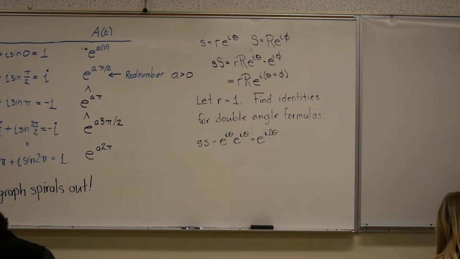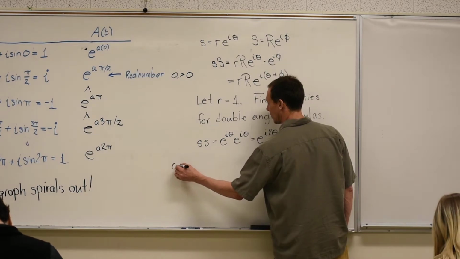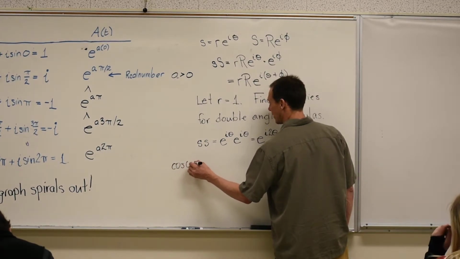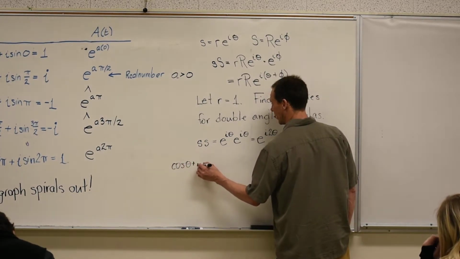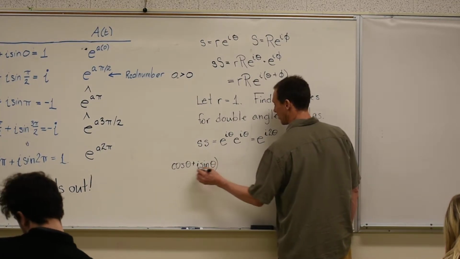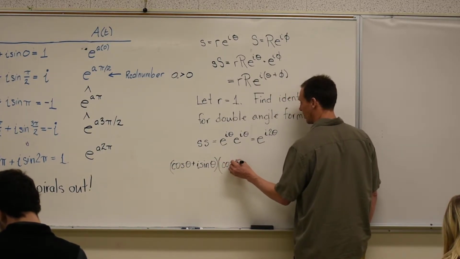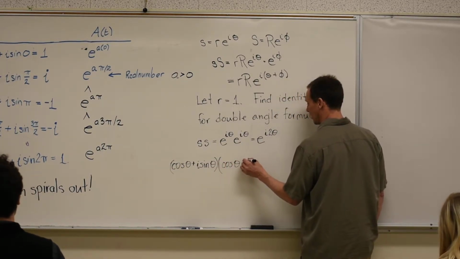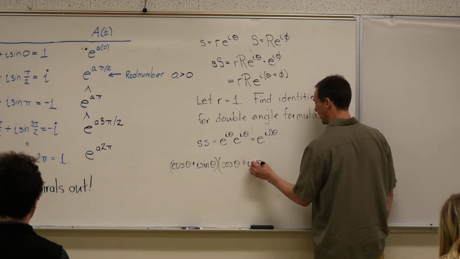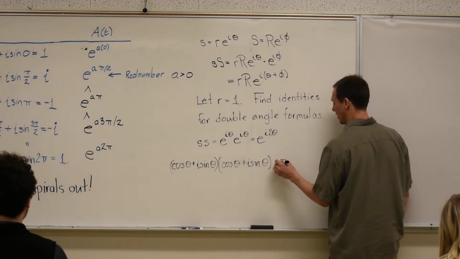Let's try this. On the left-hand side, I have the cosine of theta plus i times the sine of theta in parentheses, and then I have another one of those parentheses, the cosine theta plus i times the sine theta.